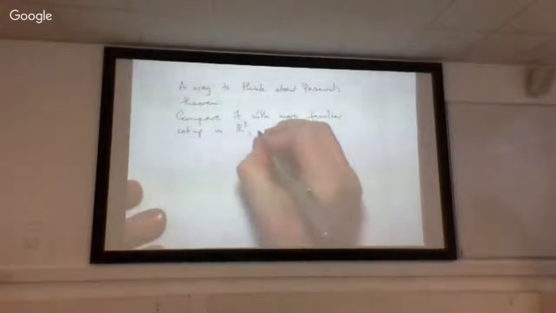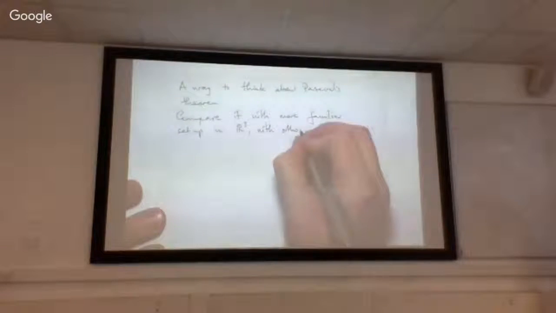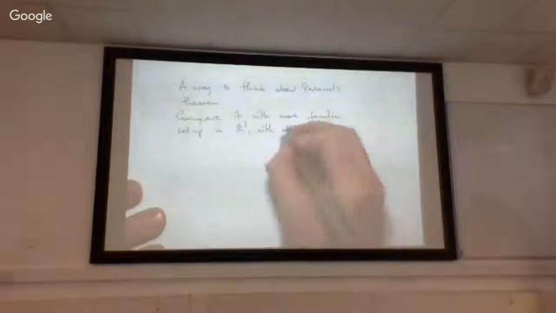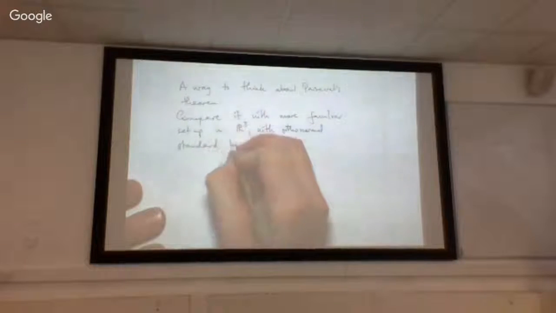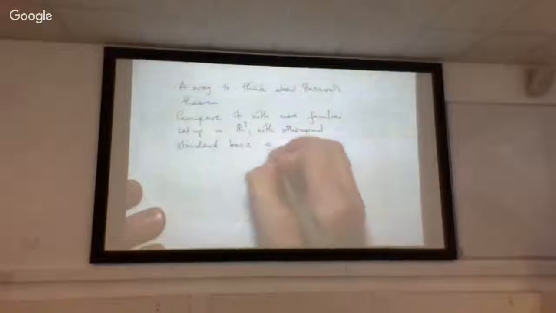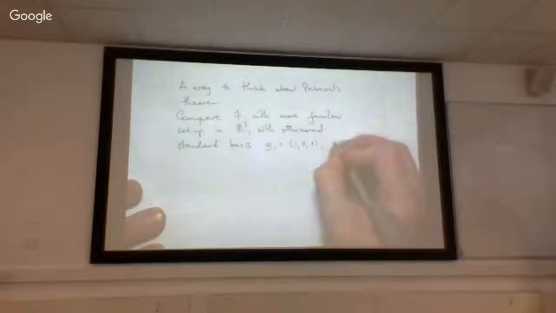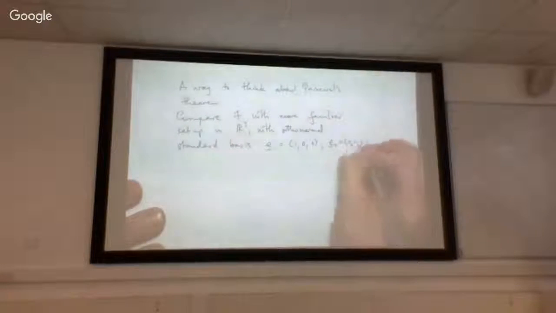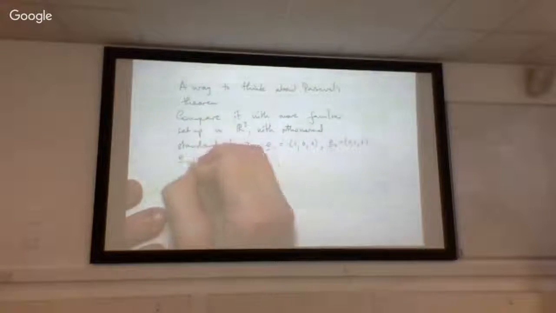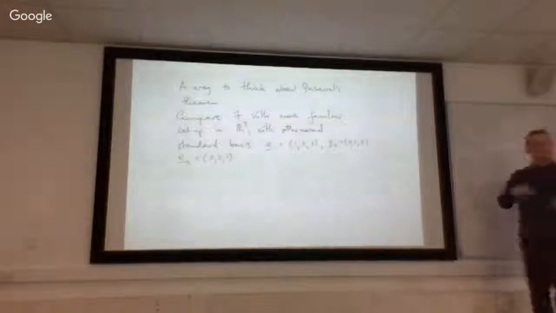The vector space R3 with the orthonormal standard basis. So you've got these three basis vectors, E1, which is 1, 0, 0, E2, which is 0, 1, 0, and the third basis vector E3, 0, 0, 1. So that's your standard orthonormal basis in the vector space R3.